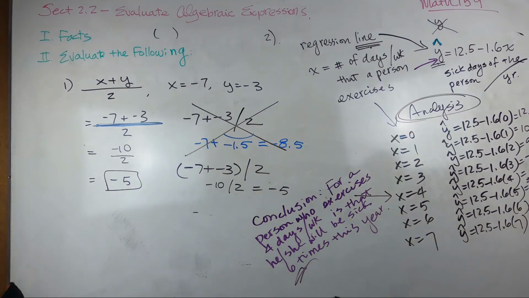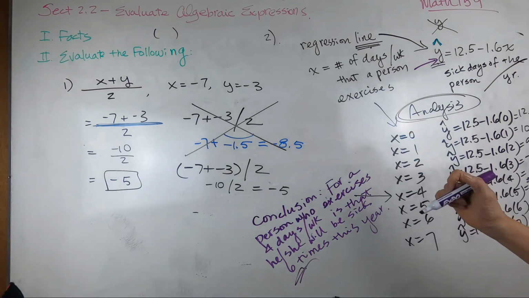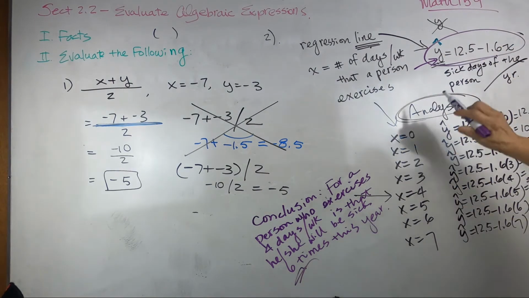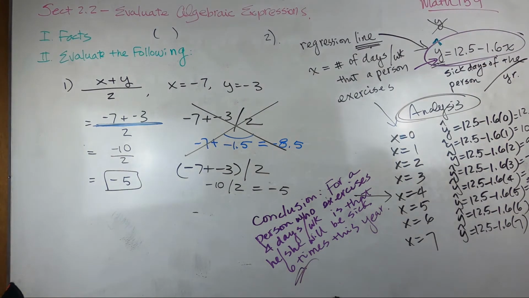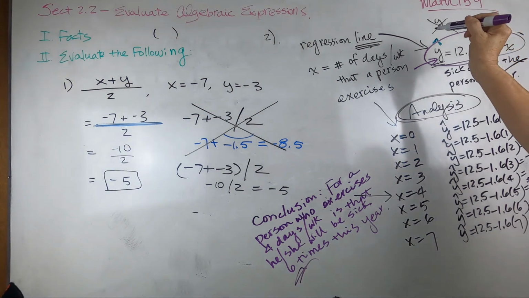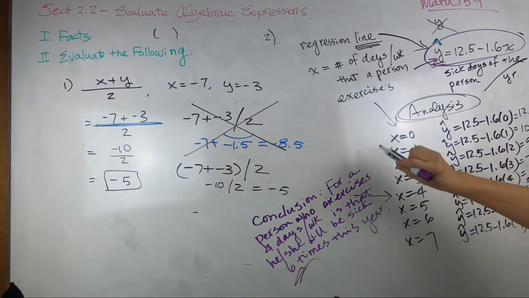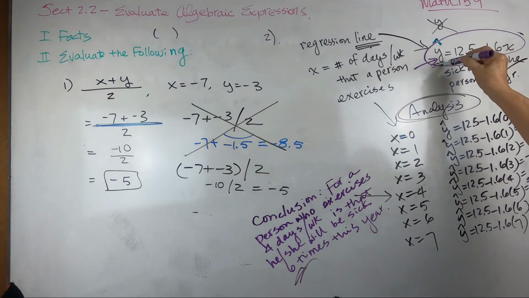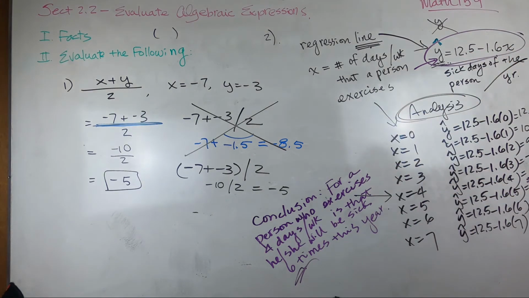Got the idea? So we are learning what we call an equation, which is a math language. Then you translate English into the math language and use this to draw a conclusion. That's what we need to do in this class.